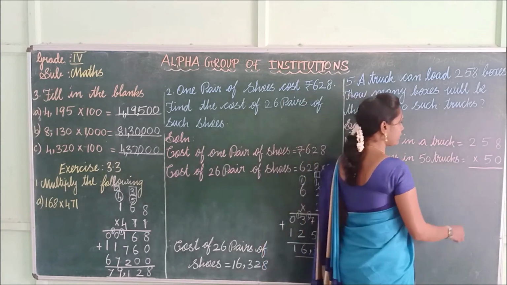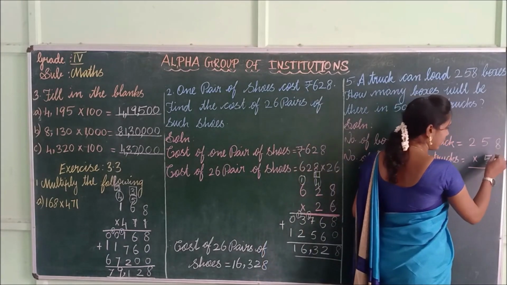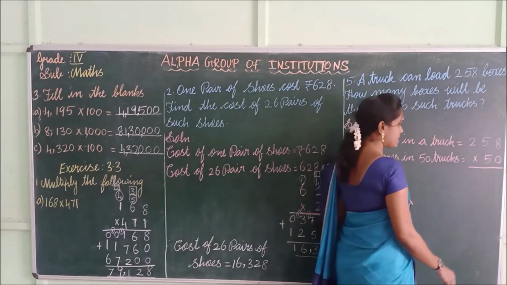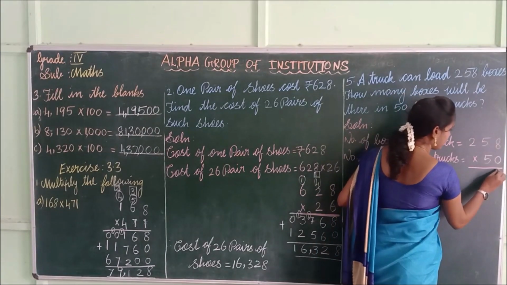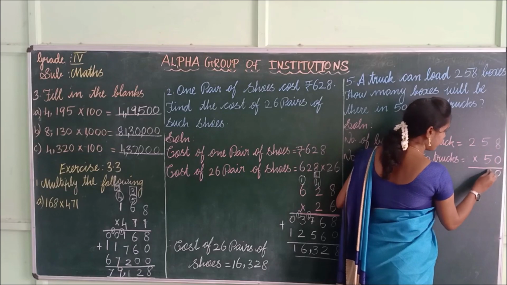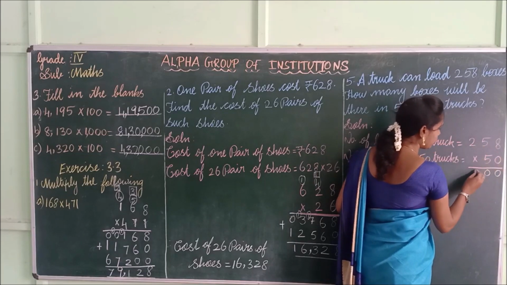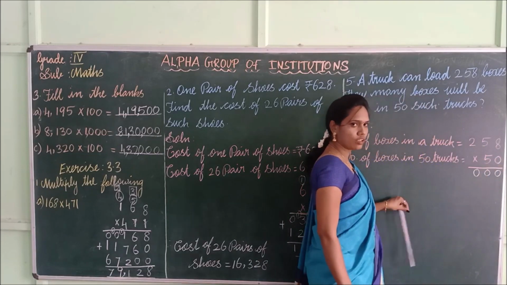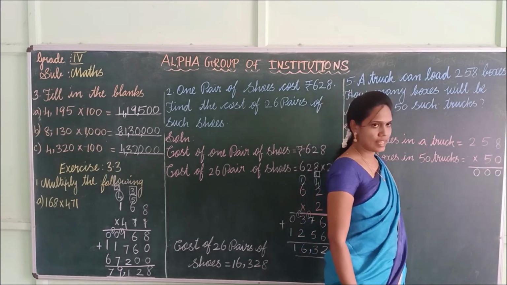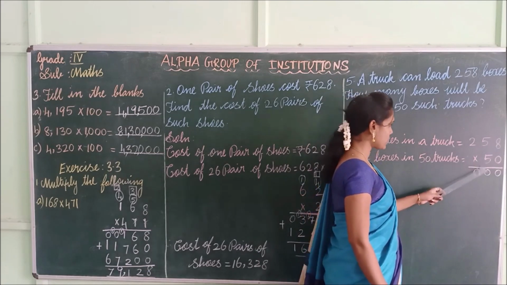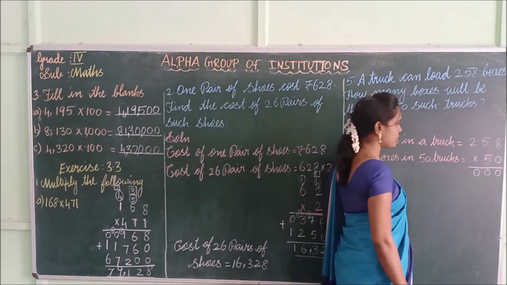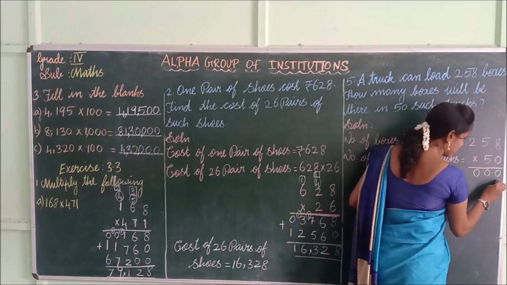Yes. See here. If you multiply any number with 0, you will get 0. So 0 into 8, 0. 0 into 5, 0. 0 into 2, 0. Now we move on to tens place. As I have said already, if you start from tens place, you also write the answer from tens place.